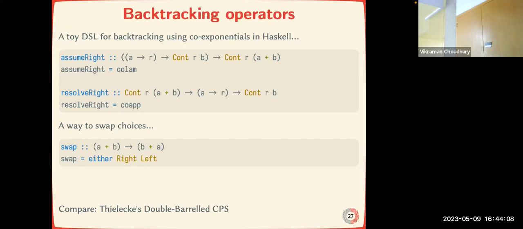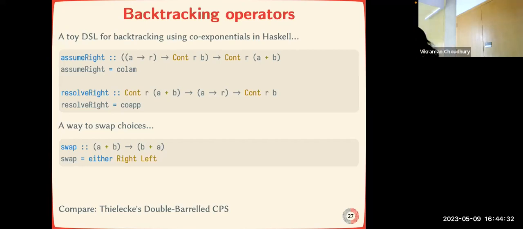So a to r, I'll give you a to r, and you have to produce a b, and this produces an a plus b. So that's the intuition for colam. And resolve right is you have this computation that you produced, and it plugs in a continuation for a to r, and that gets spliced into that thing that you assumed.